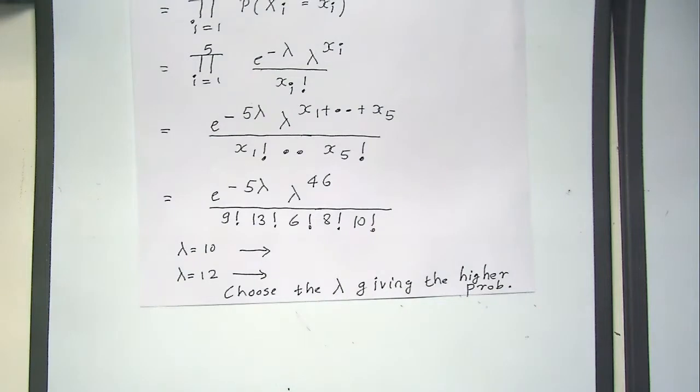Alright, I'm not going to do that because I don't have a calculator with me, but I'm sure you can do it. You just compute these two values, and you get two different values and choose the one that gives the higher probability. Alright, any questions on this, guys?